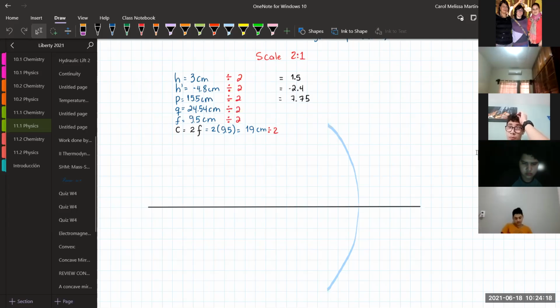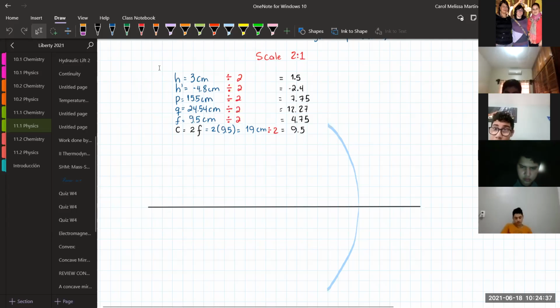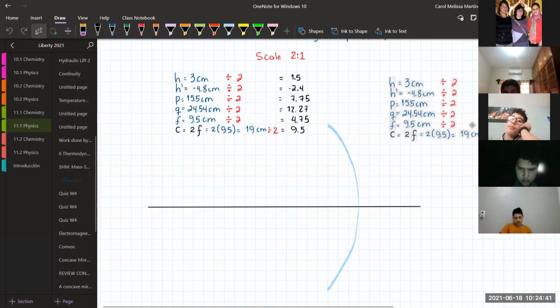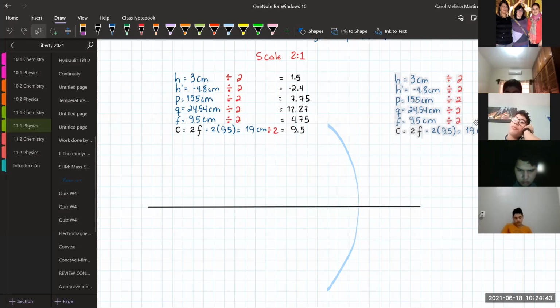This gives me 12.27 centimeters, and here this gives me 4.75 centimeters, and this gives me 9.5 centimeters. These are the centimeters or the boxes that I can use.